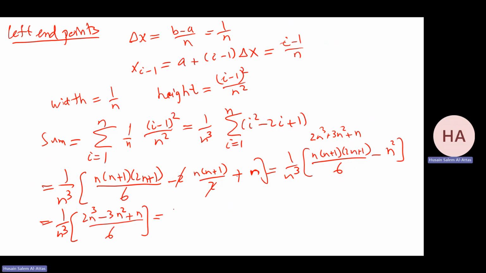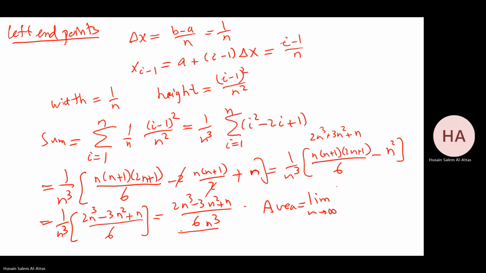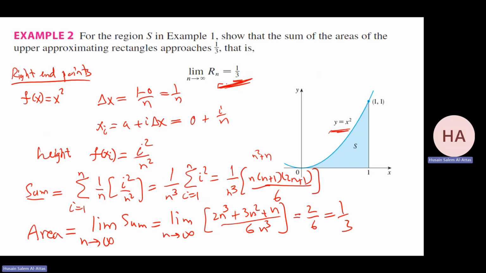So that will make it 2n cubed minus 3n squared plus n over 6n cubed. My area will be the limit as n goes to infinity of this. Same degree, so you have 2 over 6, which is 1 over 3, which is the same area I'm looking for, using the limit as n goes to infinity.